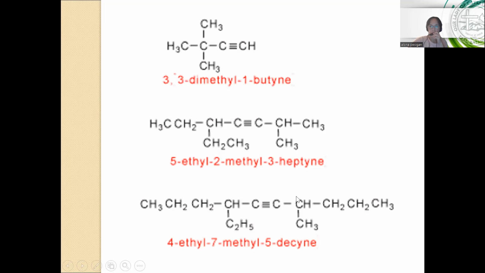Same as with this example. So it's 1, 2, 3, 4, 5, 1, 2, 3, 4, 5. So you may start numbering here. You'll find in number 4 ethyl, in number 7 methyl, and the triple bond falls on number 5, and the parent is decyne. So this is how to name this structure.